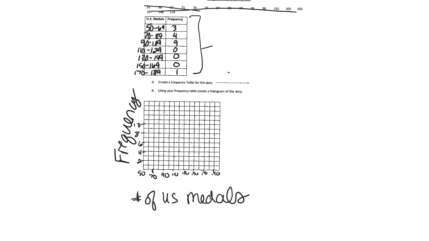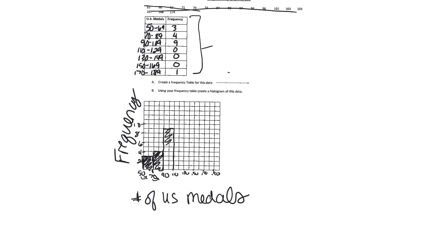So between the 50 and 70, remember we're going to go conventional and take the 50 would go in the bin to the right, 70 would go in the bin to the right. So between 50 and really 69, we saw 3. So there's our first bar. Between 70 and 89, we saw 4. So there's our second bar. 90 and 109, I saw 9.